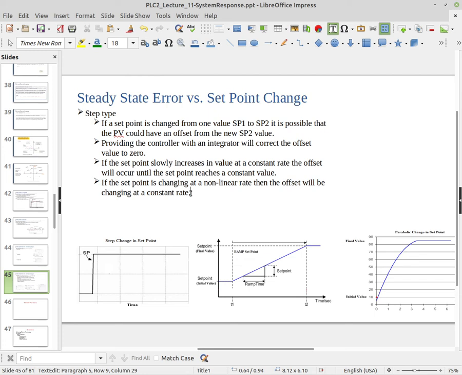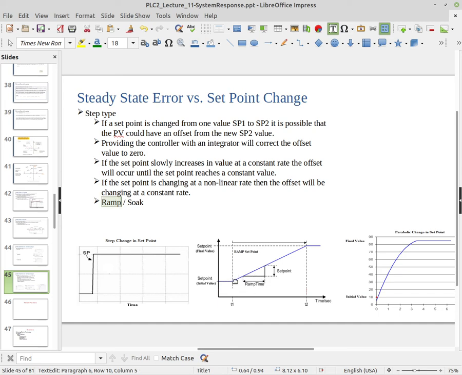So what we do is what's called a ramp or a soak. The ramp means that when we want to go up to a new set point, we want to move slowly up there.